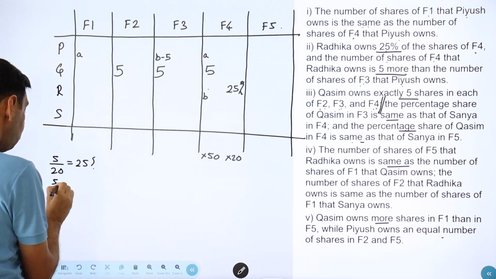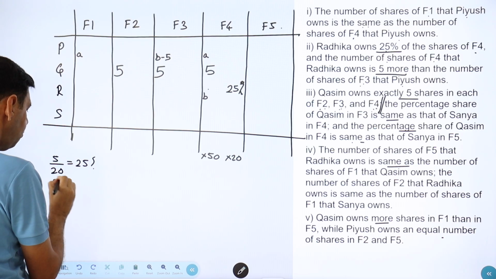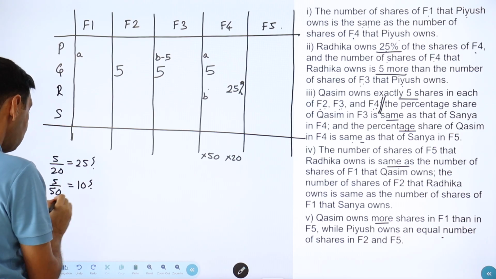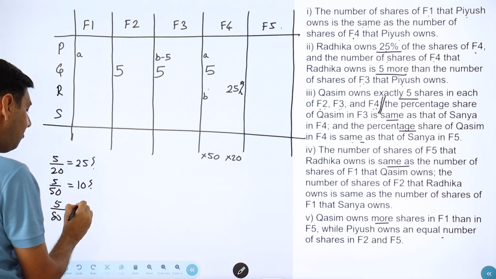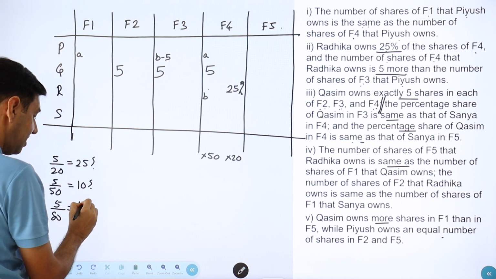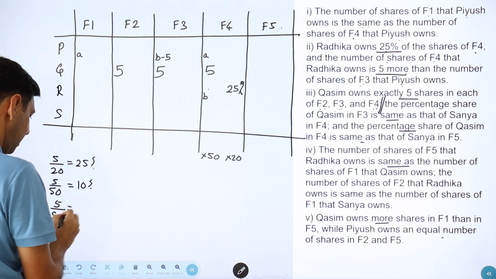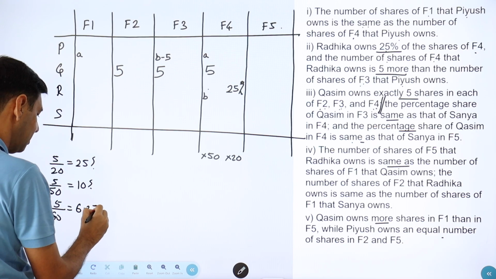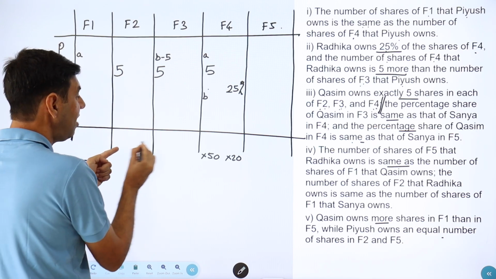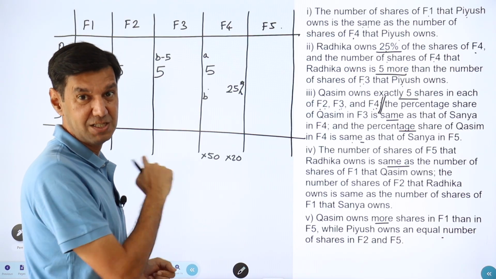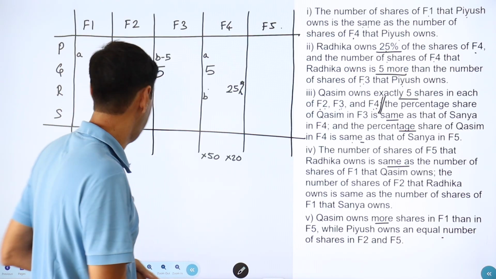Could 5 be out of 50? Yes, 5 could be out of 50, 10%. Could 5 be out of 80? 5 out of 80 is 1/16th, 6.25%. Now 6.25% is not allowed. So none of this column can be 80. That is what we said, 5 is not a multiple of 4.